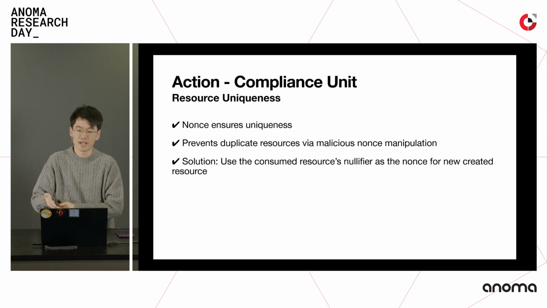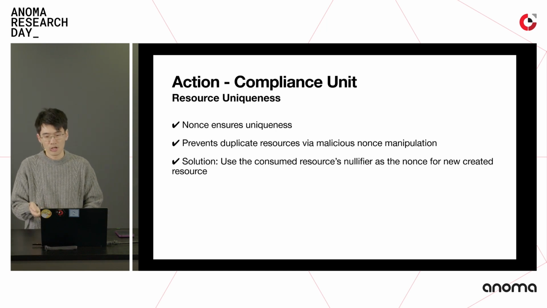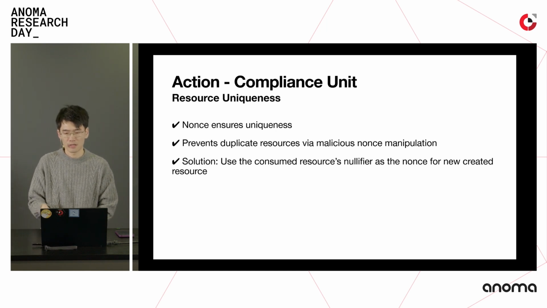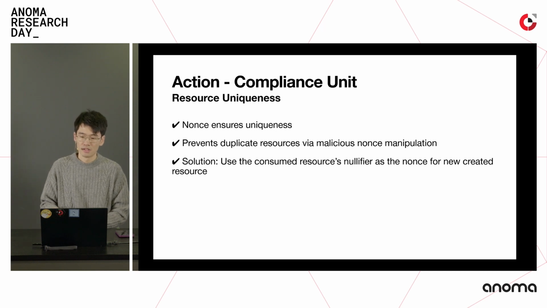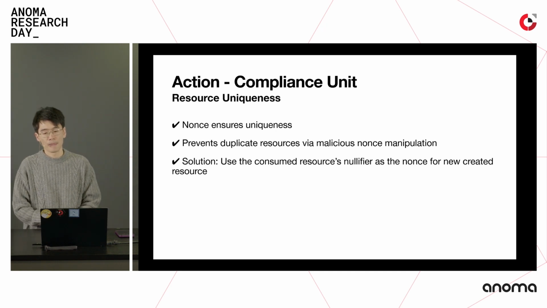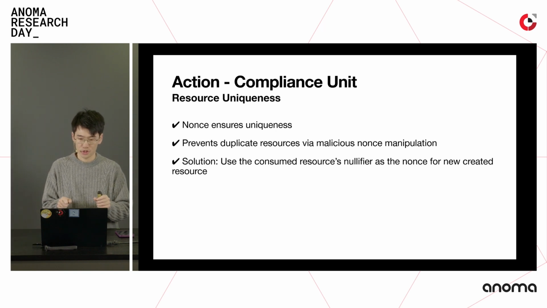As we know, the nonce ensures the uniqueness, but a duplicate resource can also be created via malicious nonce setup, right? Trivial solution is to check the duplication every time when we want to insert a new resource to the Merkle tree.